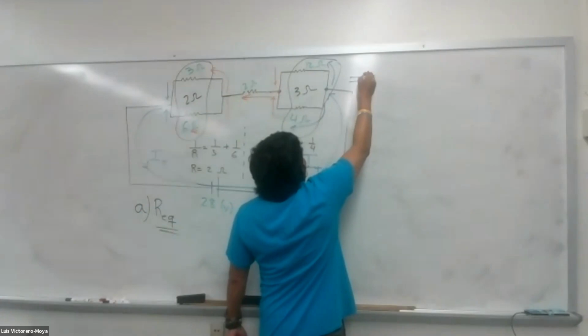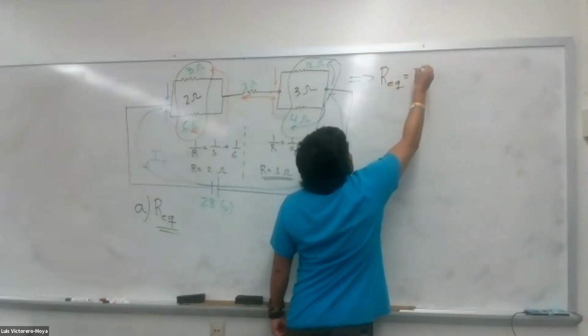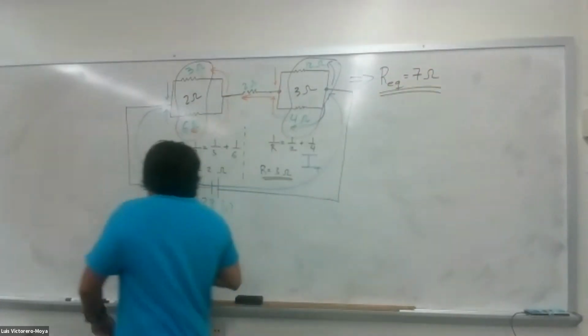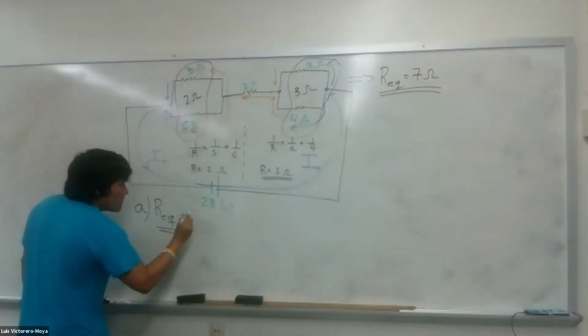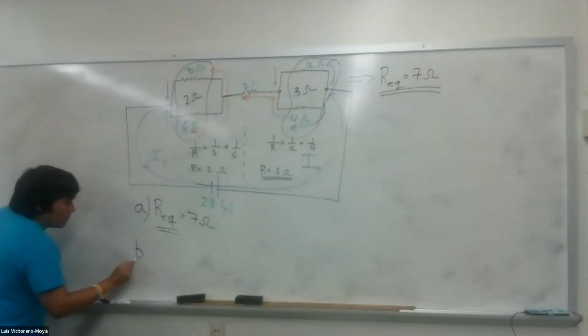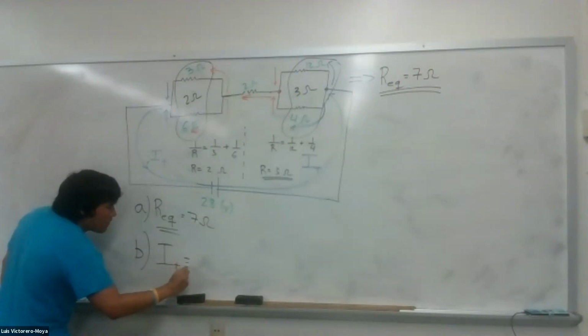The equivalent resistance is 7 ohms. So we put here 7 ohms. Part B, find the current on the circuit, the total current.